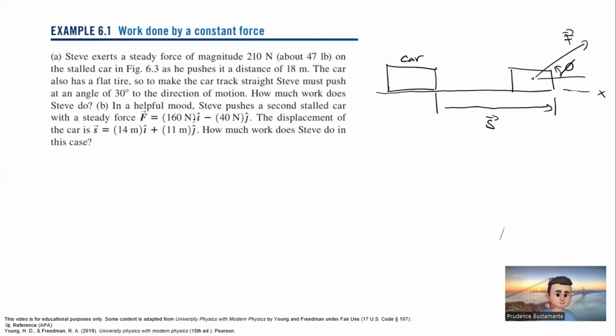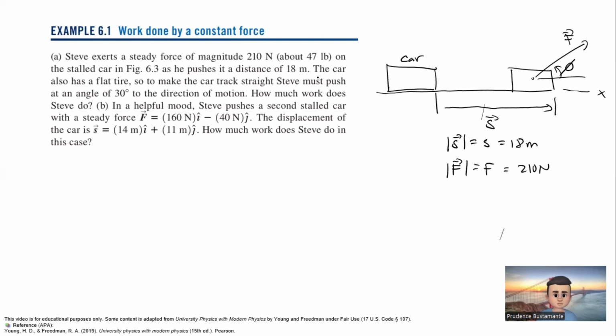Okay. So Steve exerts a steady force of 210 Newton on a stalled car in the figure as he pushes it at a distance of 18 meters. So the magnitude of S here, or just S, is equal to 18 meters, two significant figures. And the magnitude of force also is given, or just F, is equal to 210 Newton.